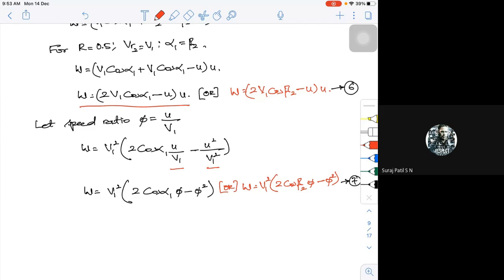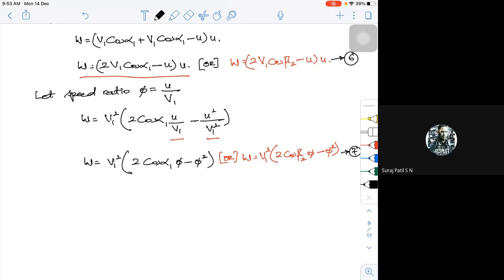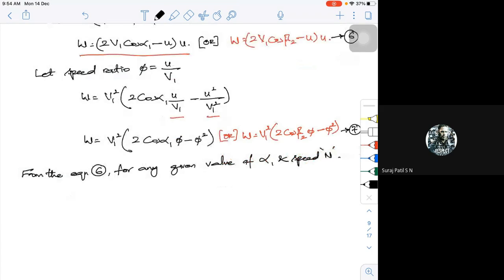So W is equal to 2V cos alpha 1 minus U into U. Now, from equation 6, for any given value of alpha 1 or beta 2, whatever it means, for any given value of alpha 1 and speed N.